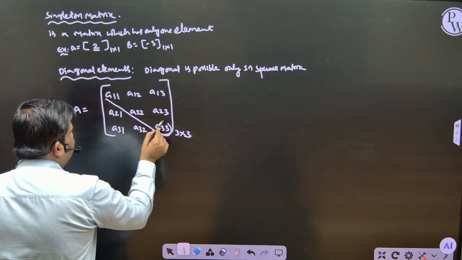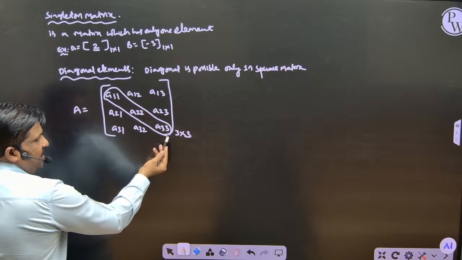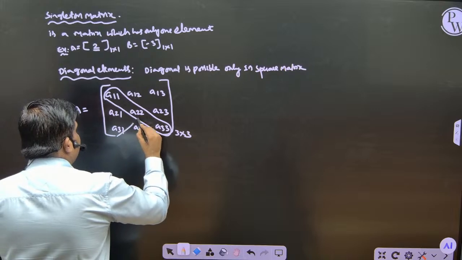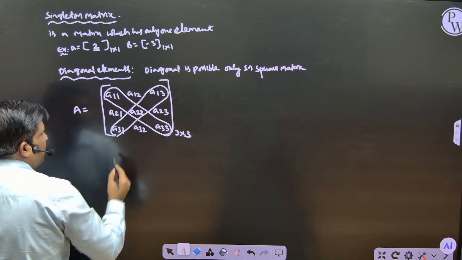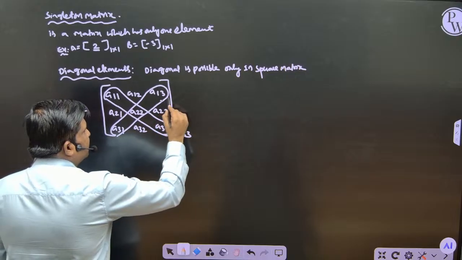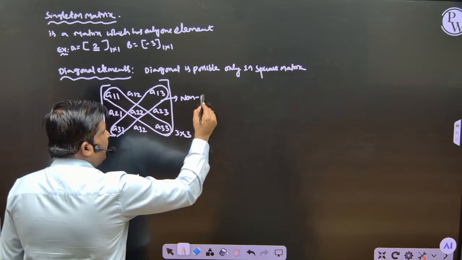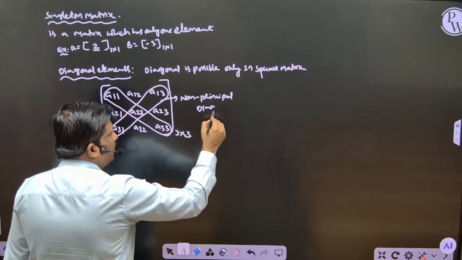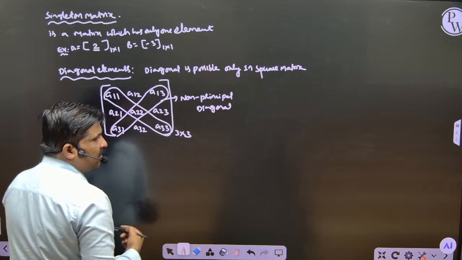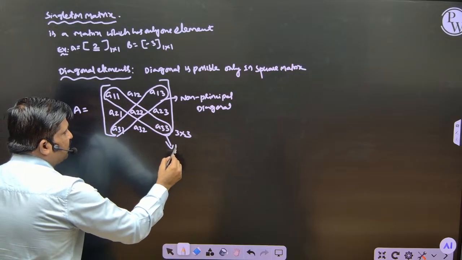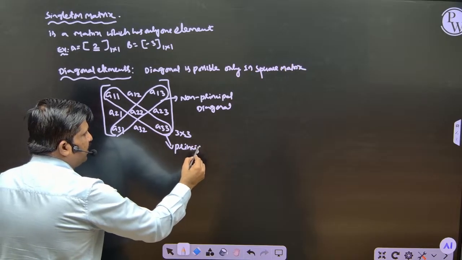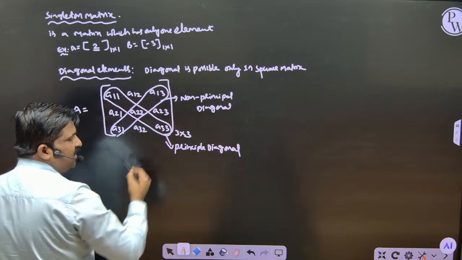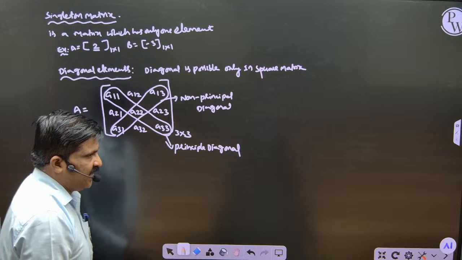From the topmost corner to the bottom, this is one diagonal. There is one more diagonal, but this diagonal is called the non-principal diagonal. This one is the principal diagonal.